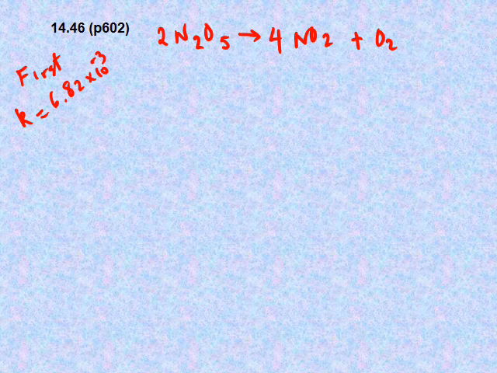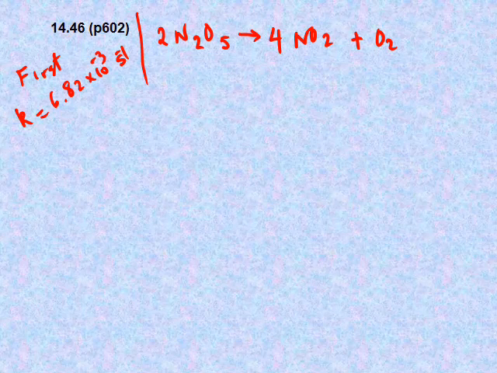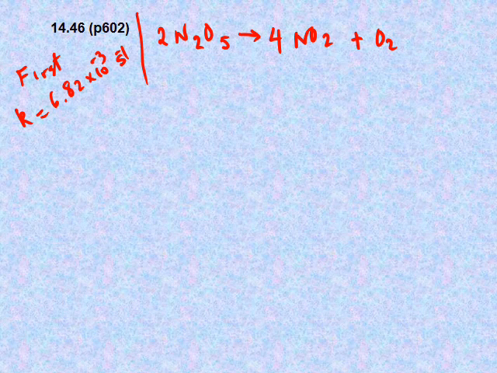That's per second. It's important that we write down the unit. I think in the last slide I probably forgot to write down the unit for the rate, which is molarity per second. So in this case, k equals 6.82 times 10 to the negative 3 per second.